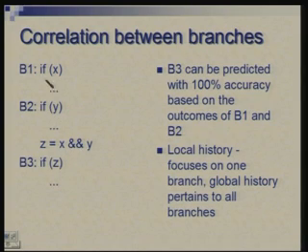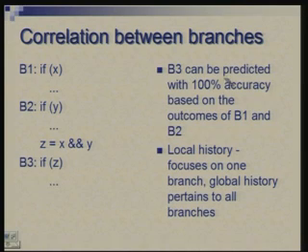So, suppose Z, which is being tested here, was x and y. Now once you have gone through this and you have gone through this, and the values of x and y have not changed in the course, then it is very easy to predict what Z may be, because you have evaluated x and y. If both are true, for example, then you can predict that the branch will be taken here.